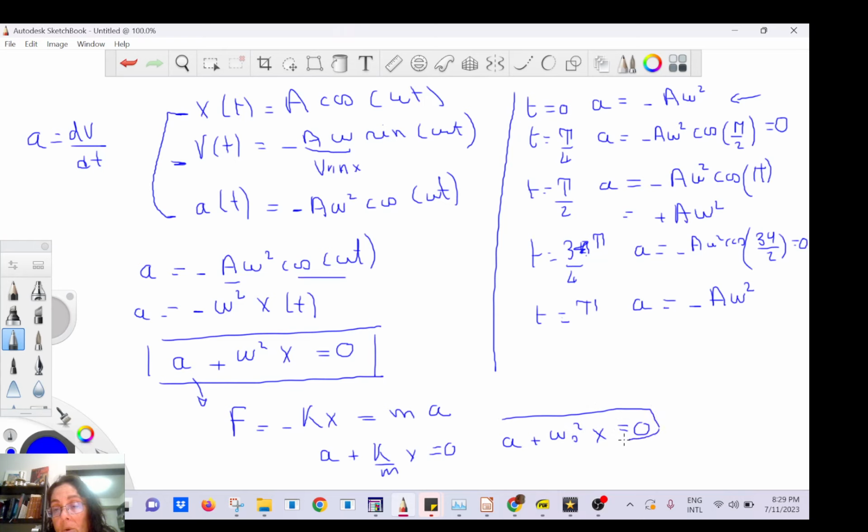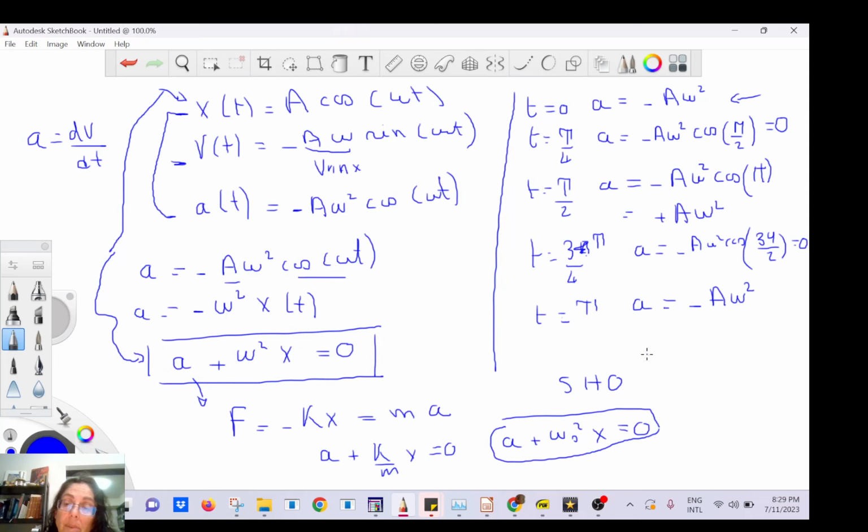So this is the second-order differential equation of a simple harmonic oscillator. And sometimes even a pendulum will follow that equation. So what that means is that this displacement is the solution of that differential equation here.